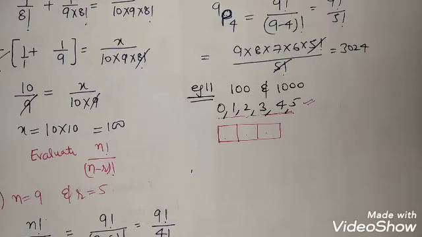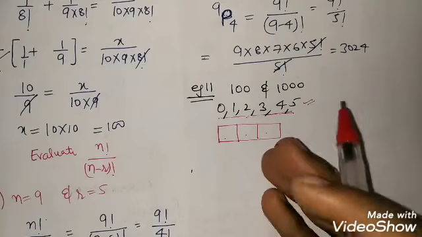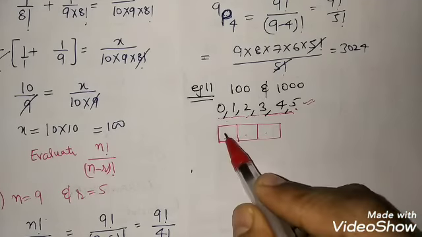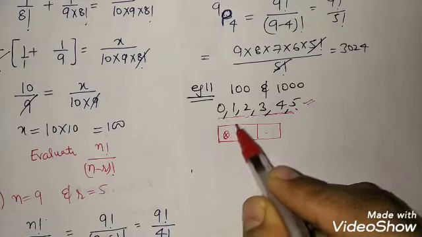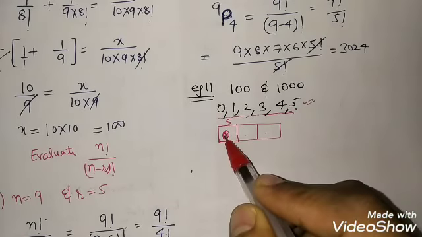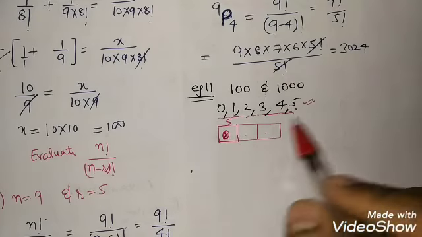We have to form a 3-digit number, and we have 6 digits available. We can fill the first place using 5 digits. Why so? Because we cannot fill 0 here.